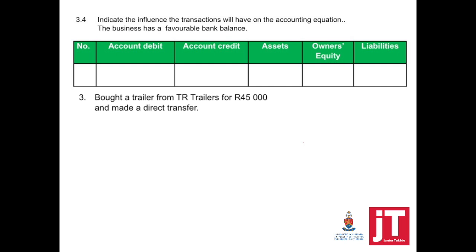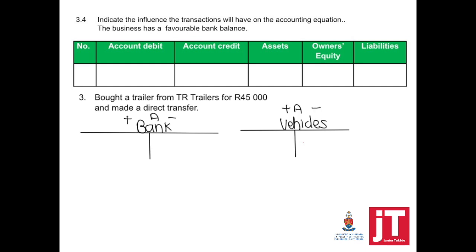The third transaction: bought a trailer from RT Trailers for 45,000 and made a direct transfer. If I make a payment, it means there are two accounts involved: bank, which is classified as an asset, and vehicles, which is also classified as an asset. Remember, bank is a current asset and vehicles is a non-current asset.